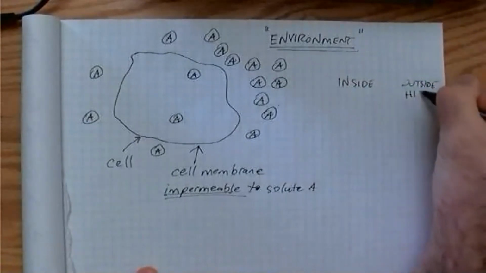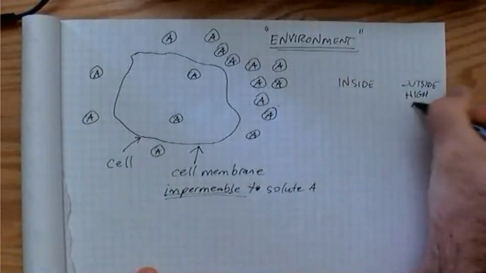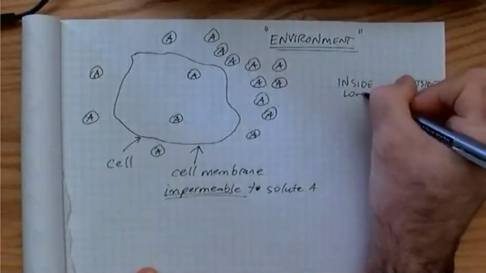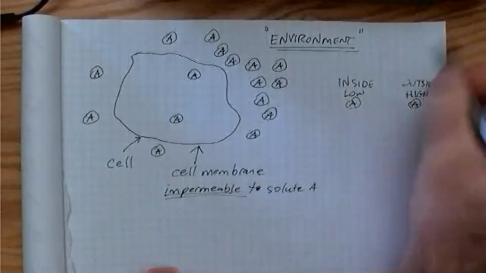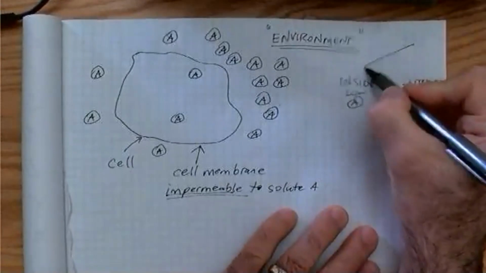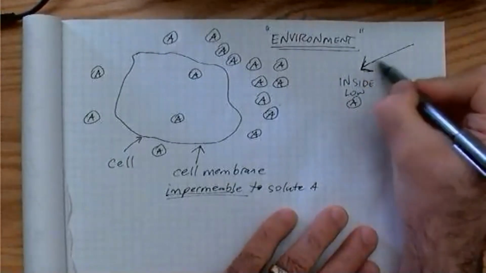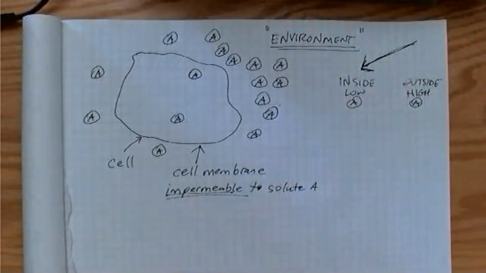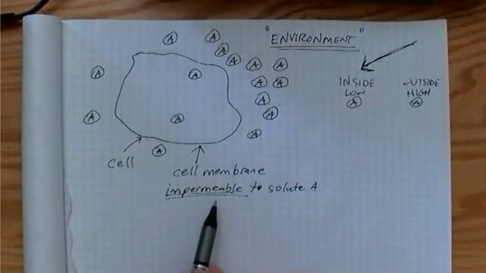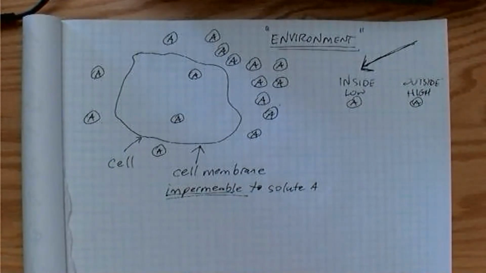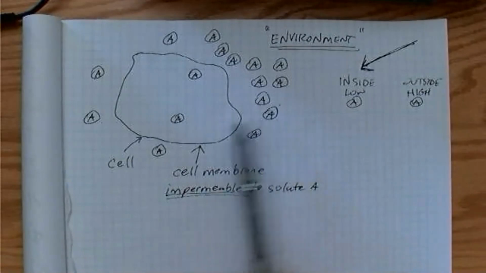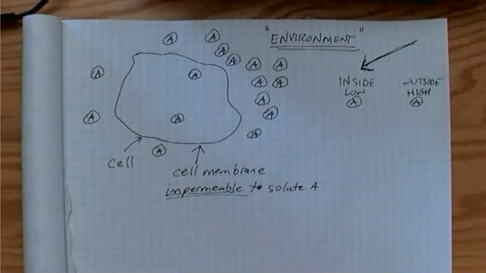Outside the cell, there's a high concentration of A. Inside the cell, there's a low concentration of A. So solute A is going to want to move from high to low. The problem is this cell membrane is impermeable to solute A. So in order to achieve equilibrium, something else needs to take place. In order to balance out the concentrations, something else has to happen. I want you to stop for a second and think, what could it be?